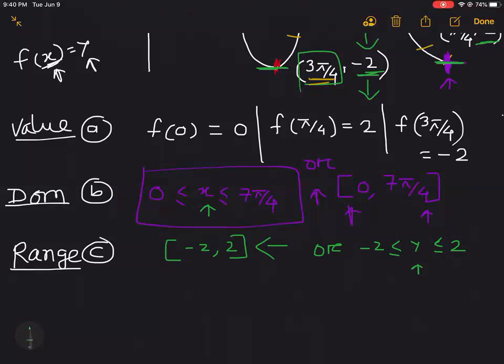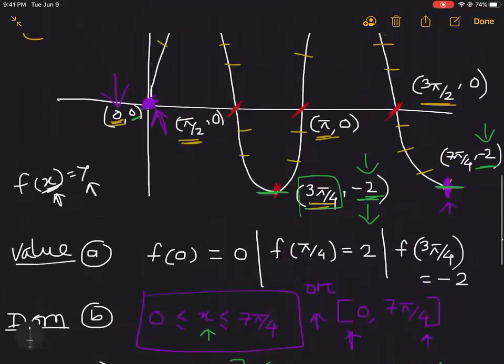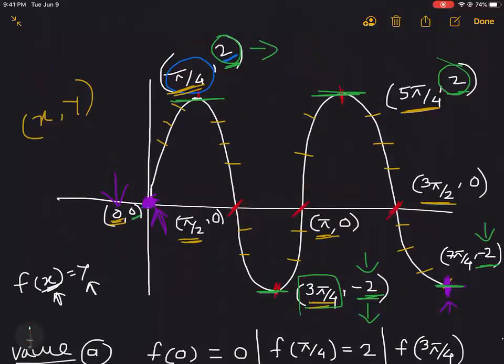Okay, now, next we want to see the intercepts. That means where the graph has intersected the axis. Here we can see it hasn't really intersected the y-axis anywhere apart from this point 0, 0.